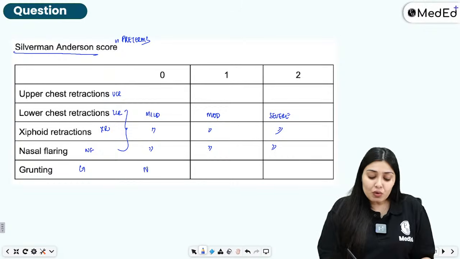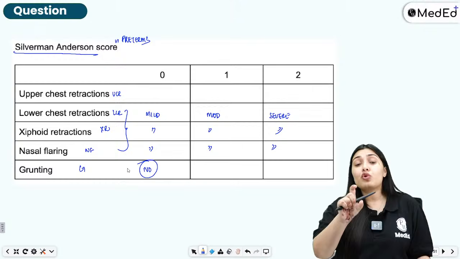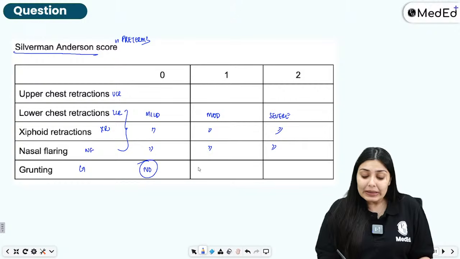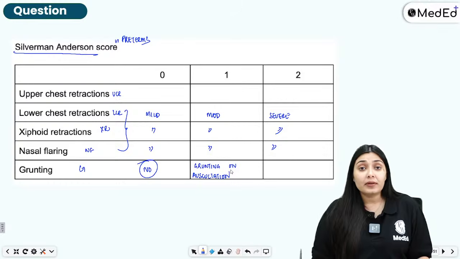If there is no grunting, then 0. If you keep the stethoscope over the chest and hear grunting, that means the grunting is audible on auscultation, then it's 1.